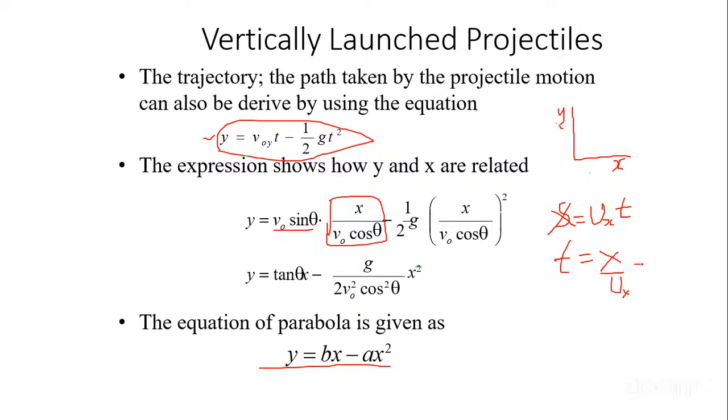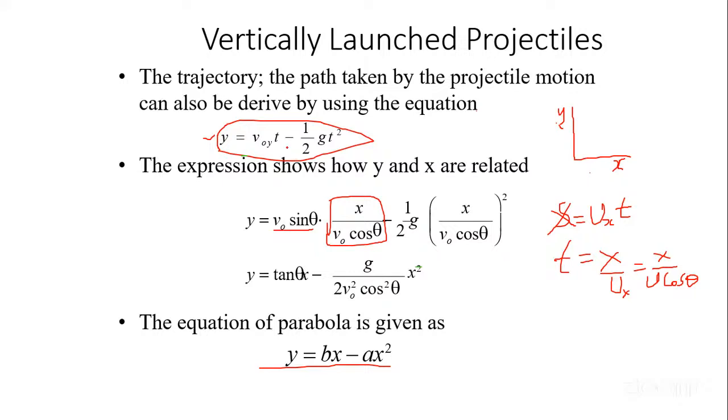And what is our ux? Our ux is the initial velocity along the x-axis, which is u cos theta. So our t this time is equal to this.